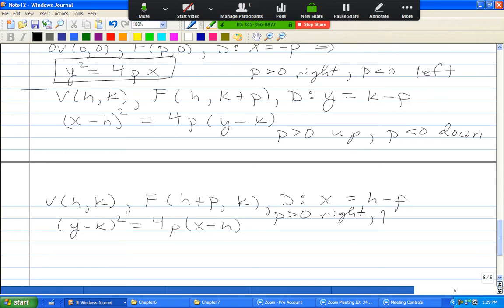Less than 0, it opens to the left. Okay, so let's do some examples here.